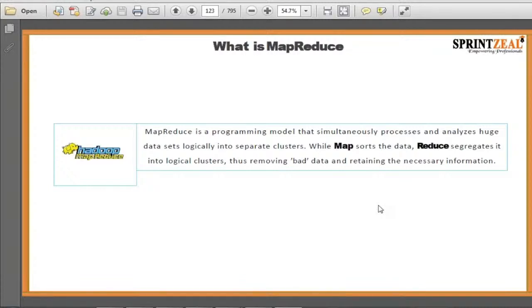MapReduce is a model. It's not a language, it's a programming model. The reason for its development was because there was a need to process the data in parallel. It's a model built purely for the parallel processing of data, not within a node but across nodes.